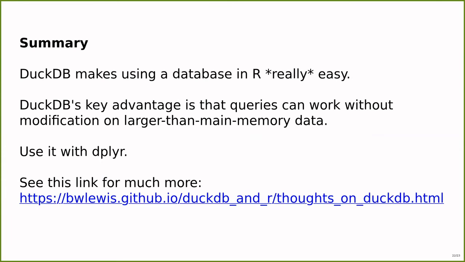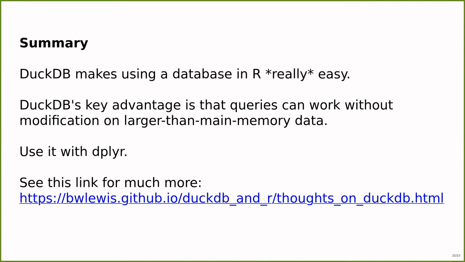So in summary, DuckDB is, in my opinion, I think it's the easiest database to use from R. I mean, it's just install.packages DuckDB, no dependencies, library DuckDB, and you're ready to roll with a full-blown relational database. You can do whatever you want with it.